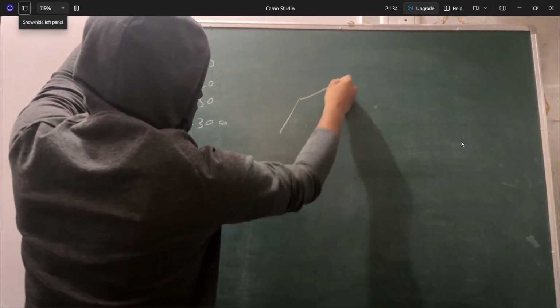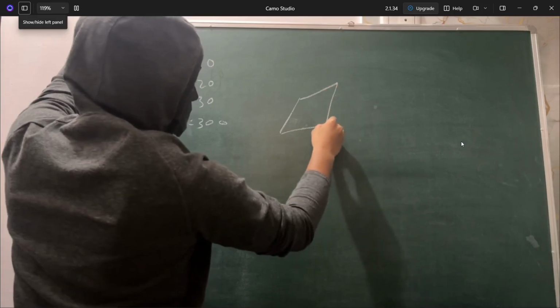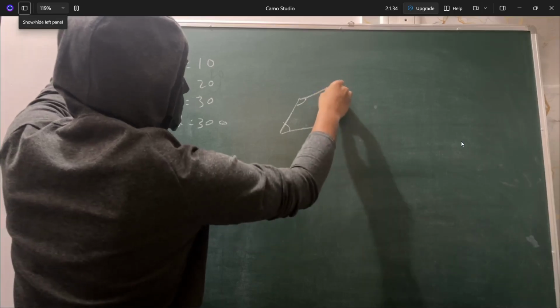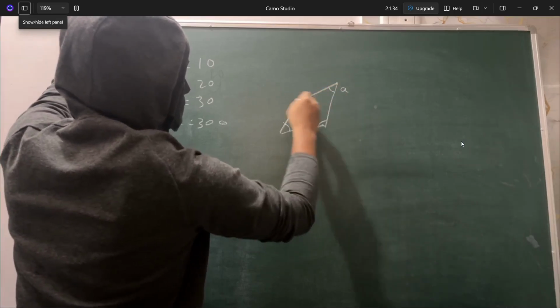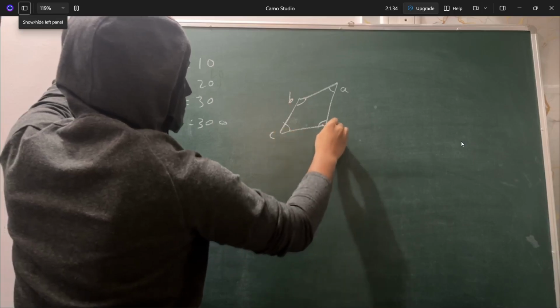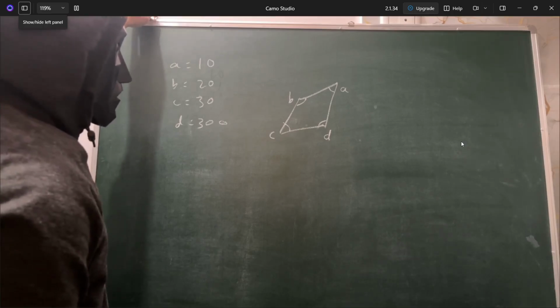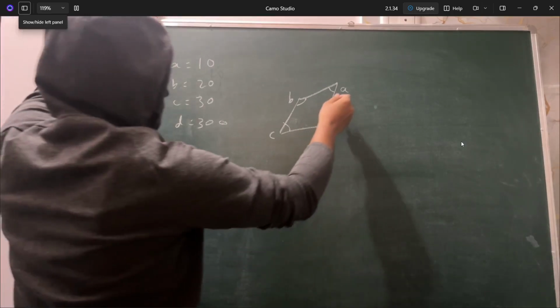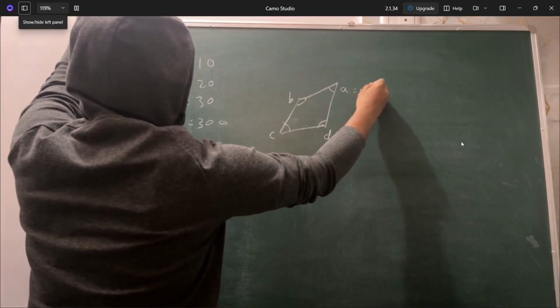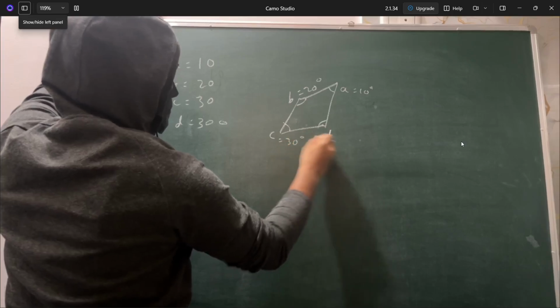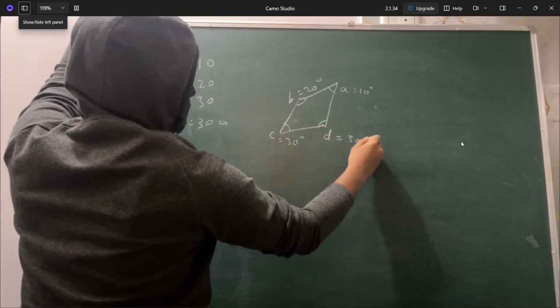We have one quadrilateral, which has four angles. Let's say this is angle A, this is angle B, this is angle C and this is angle D. Angle A is equal to 10 degrees, angle B is equal to 20 degrees, angle C is equal to 30 degrees and angle D is equal to 300 degrees.